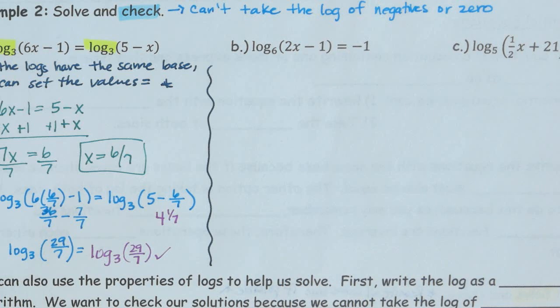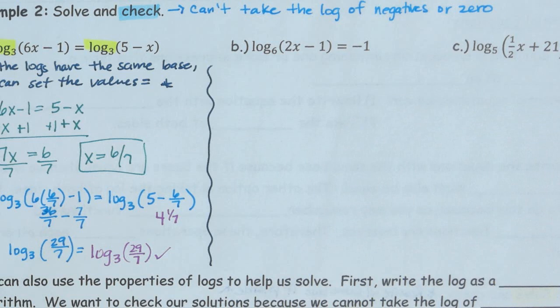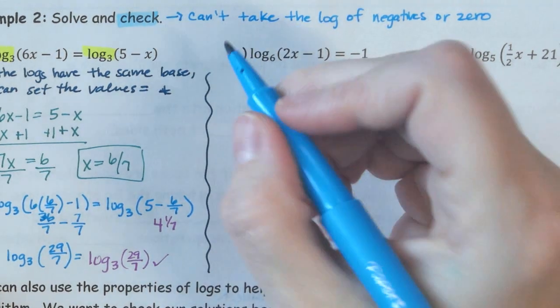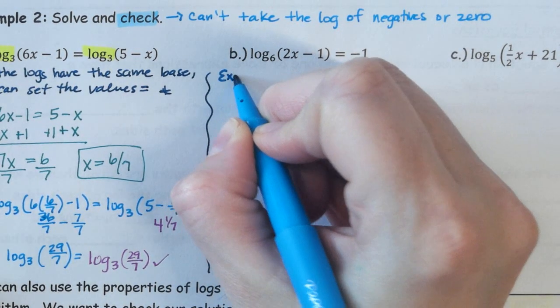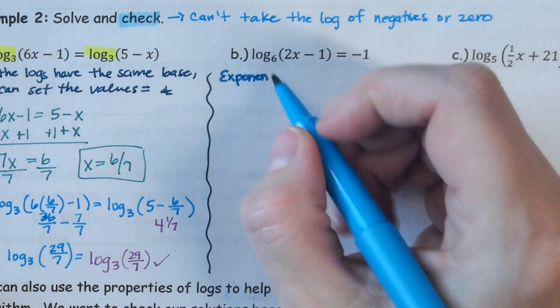All right, so for this one, I'm going to show you 2 ways. I'm going to show you how to exponentiate, and then I'm also going to show you the second part, which you already know, but I'm just going to remind you of that. When you exponentiate, all you have to do is pick out the base.